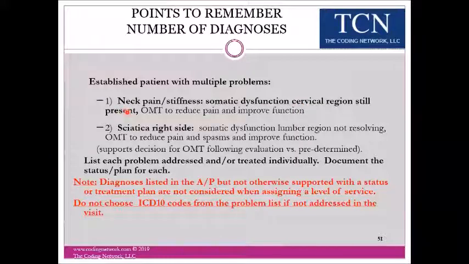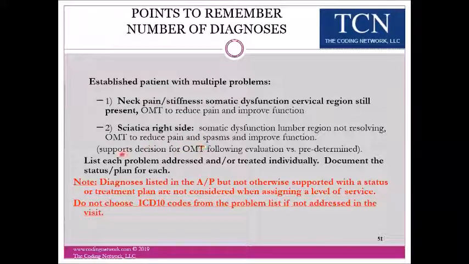Well, that indicates it's really not stable. And your decision, OMT, to reduce pain and improve function. The next problem or region, sciatica right side, document somatic dysfunction lumbar region, it's not resolving, OMT to reduce pain.